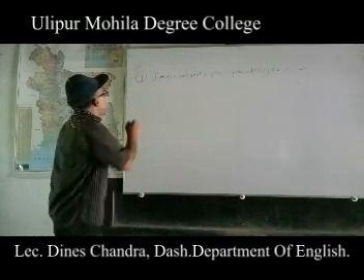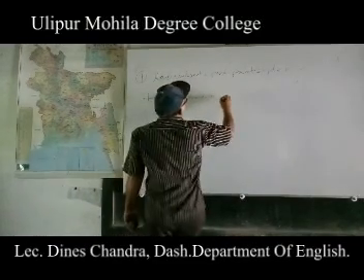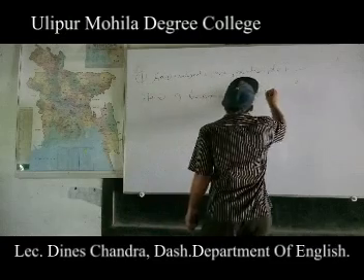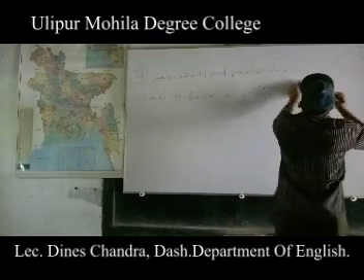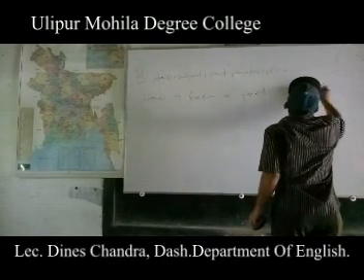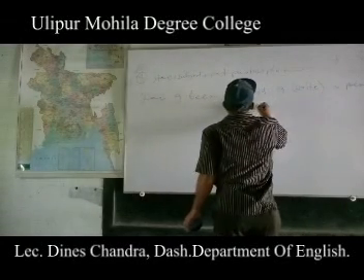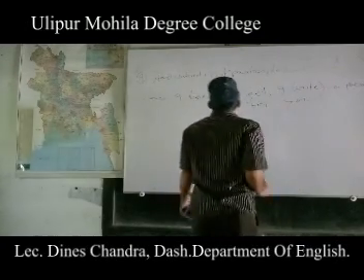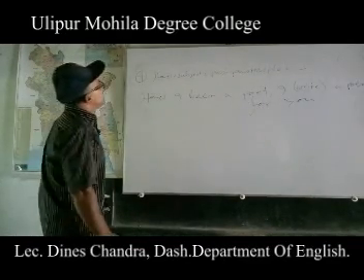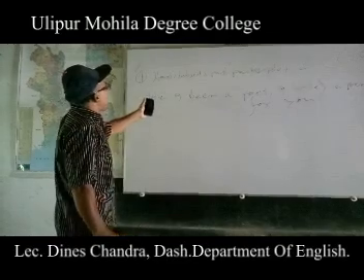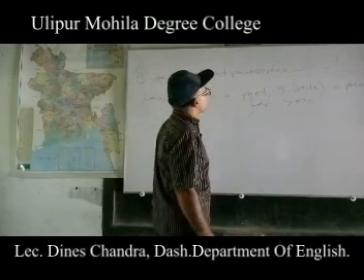One example I am showing: had I been a poet, I, in bracket write, a poem for you. Okay, only one example I am showing. Carefully listen to me, that is, the sentence starts with had, then we see subject, then past participle.